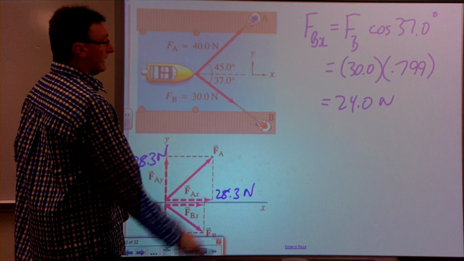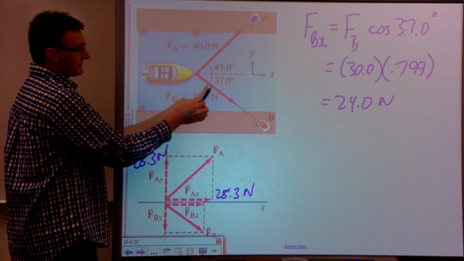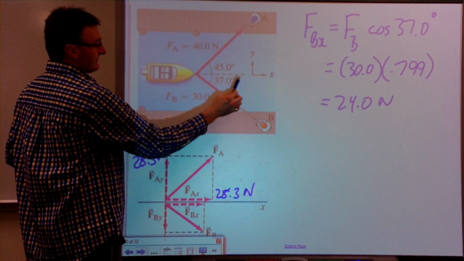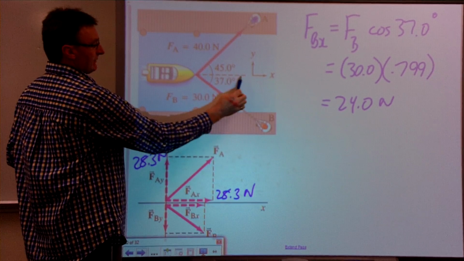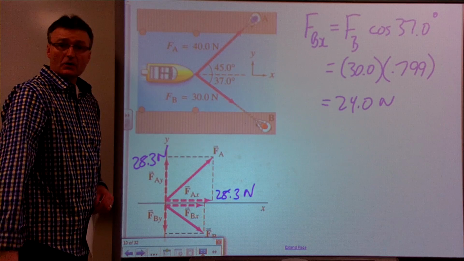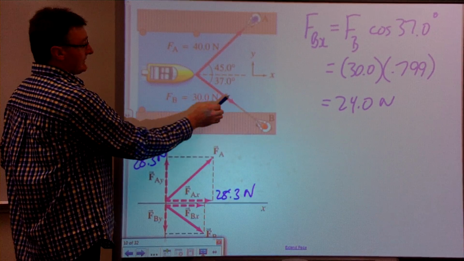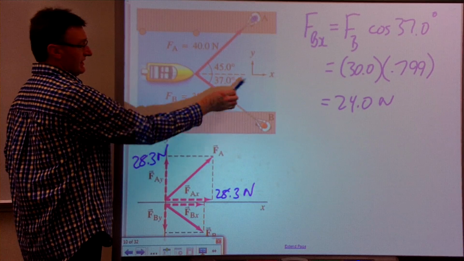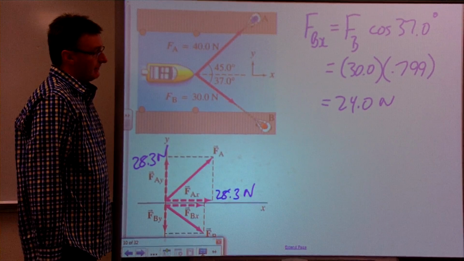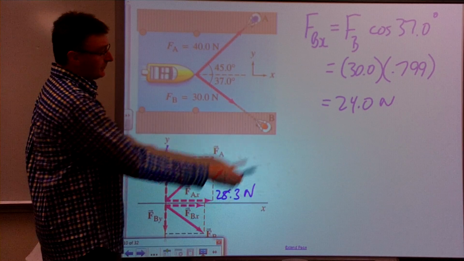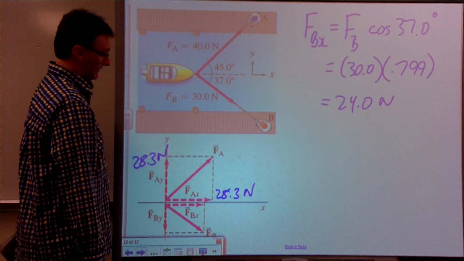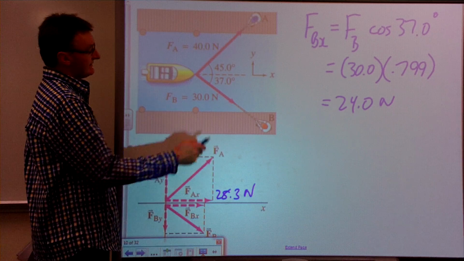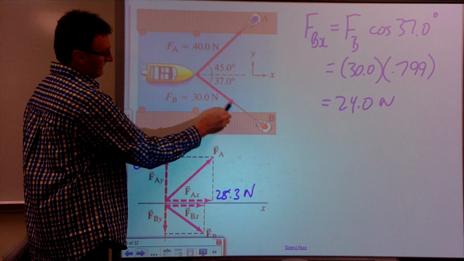We need the cos of 37 degrees, because it's the x component we're looking for, so it's the cosine ratio. That would be 30.0 times the cos of 37 degrees, which is 0.799, and we get 24.0 newtons. So that's the x component of force B.